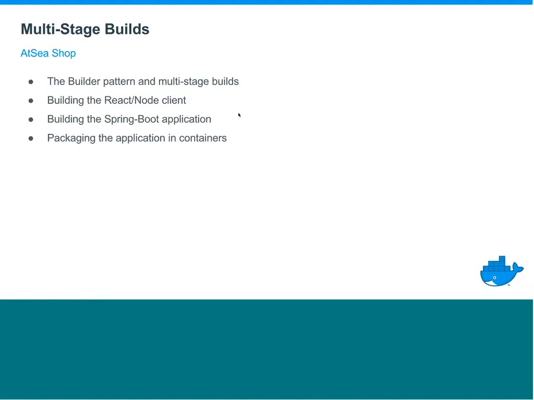I'm hoping you're all familiar with the builder pattern, where you are using different Docker images to build and compile your code and using the results from that build to push it into a second container. So basically, you're leaving your build and tool chain on the first container, and just have your compiled application that you can deploy in the second container.